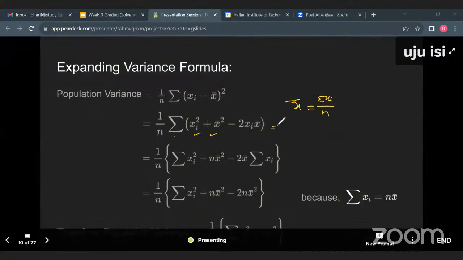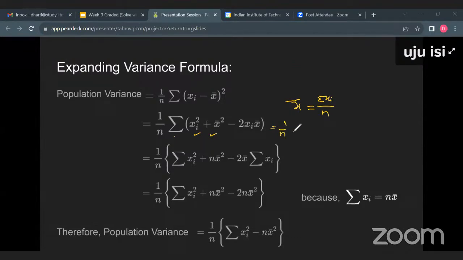So 1 by n will be there, and the summation sign we will distribute: summation xi square plus summation x bar square minus summation twice xi x bar.